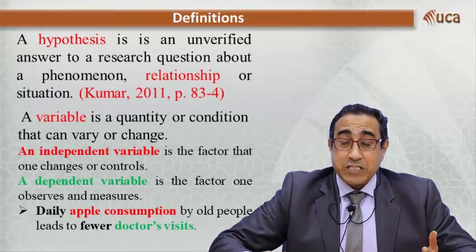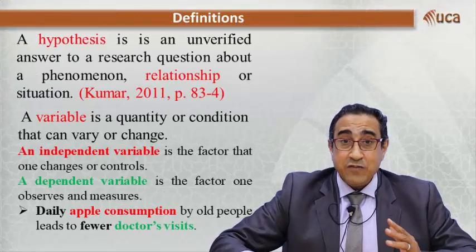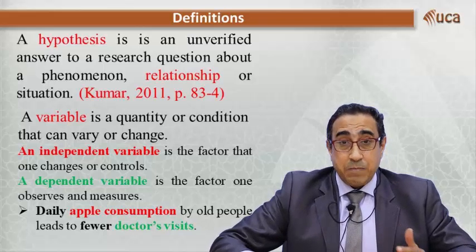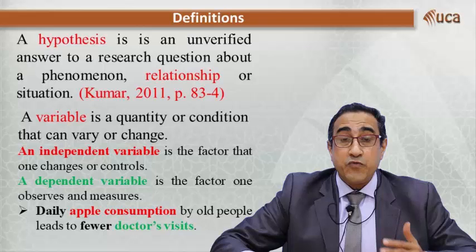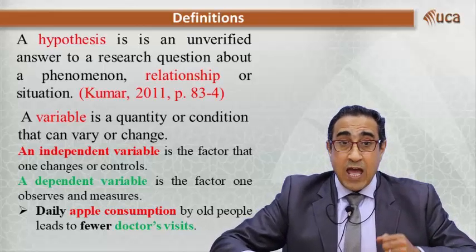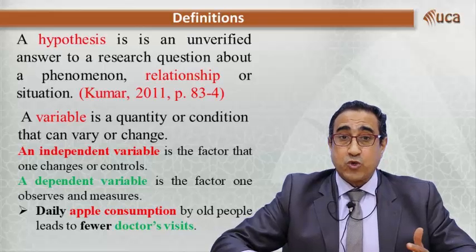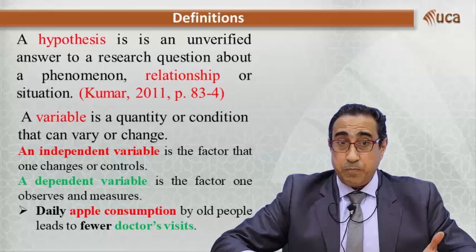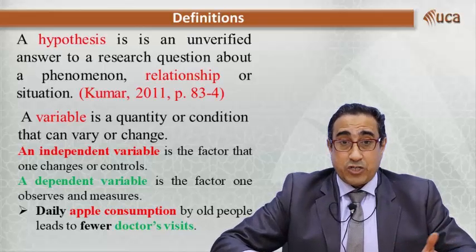First, a hypothesis is an unverified answer. Unverified means not confirmed yet whether it is true or false. An answer to a research question about a phenomenon, a relationship, or a situation.